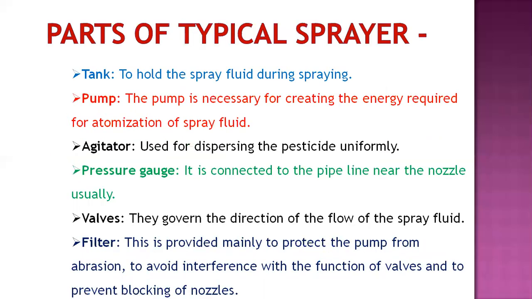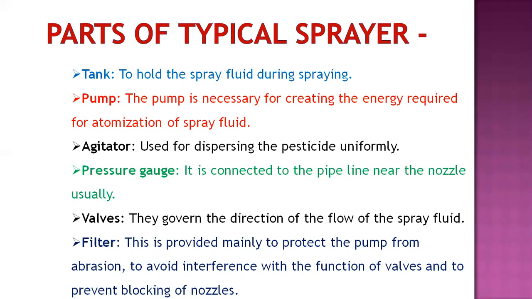Now let's discuss the parts of a typical sprayer. The first one is a tank, which is used to hold the spray fluid, from which the fluid is drawn in through the suction pipe. The next one is a pump. The pump is necessary for creating the energy required for atomization of the spray fluid.